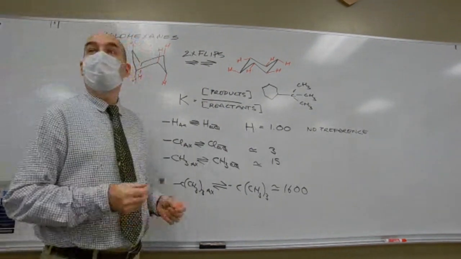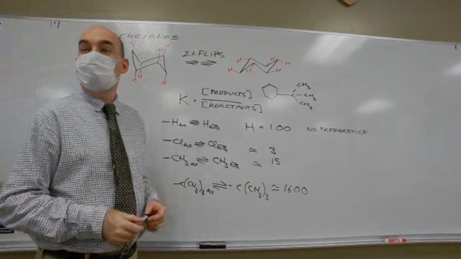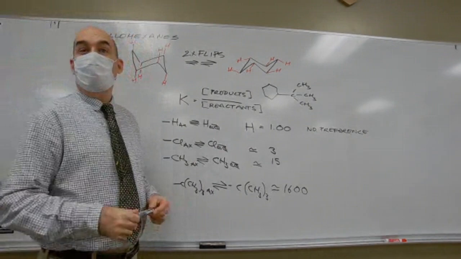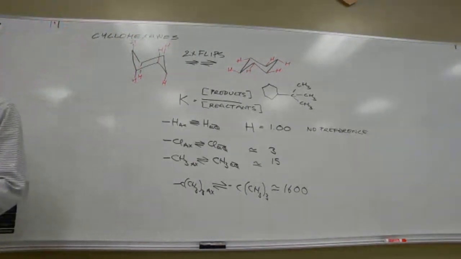Okay. That is something we have to take into account when we're told I have ethyl cyclohexane. That ethyl group is going to demand to be in an equatorial position. And if you sketch it in an axial position, then you've probably sketched it wrong.